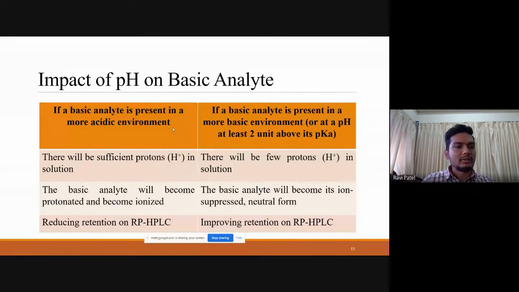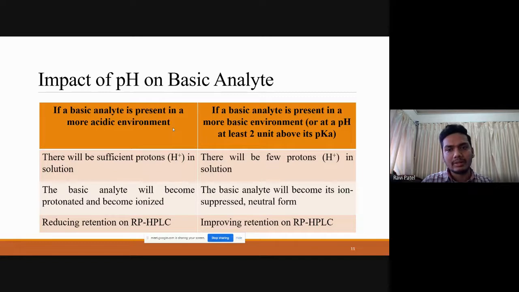It is vice versa with respect to basic analytes as well. If we select an acidic mobile phase for basic analytes, then they are ionized in nature, and in this way we are reducing the retention time of basic analytes on HPLC.